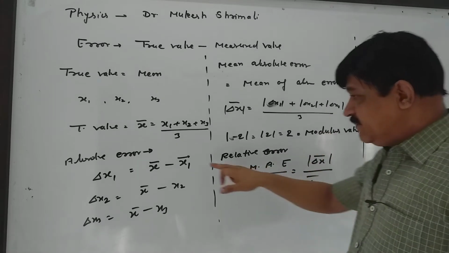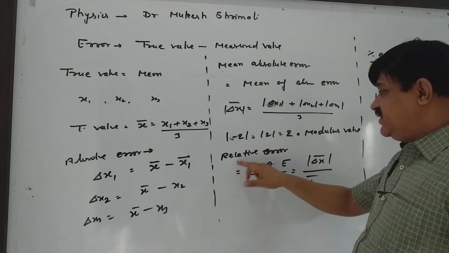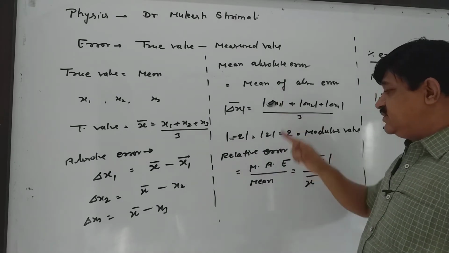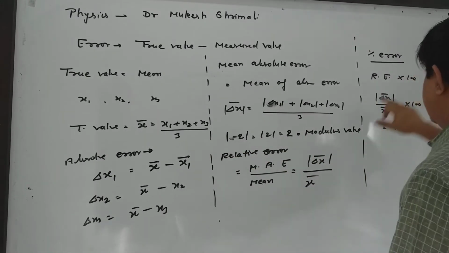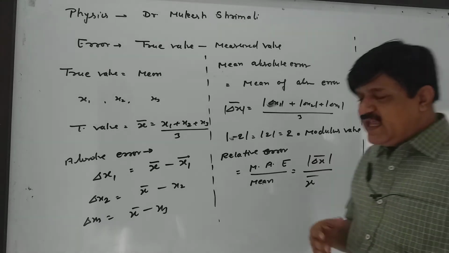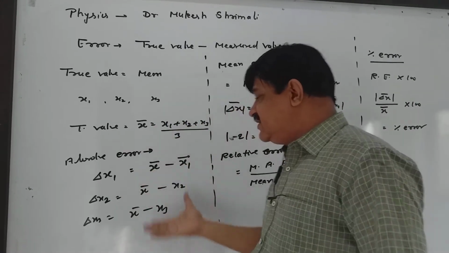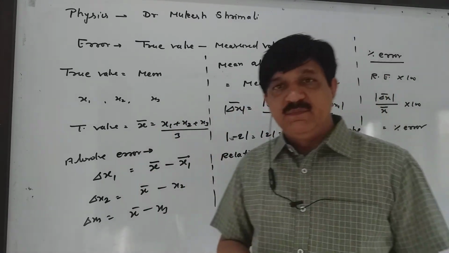The important thing is they may be positive or negative, but this is always positive. Then go for the relative error, which is mean absolute error upon mean. Finally, you can go for the percentage error, that is relative error into 100, del x bar upon x bar into 100. For any calculation, any values, you can find the errors in this manner to calculate the percentage value.